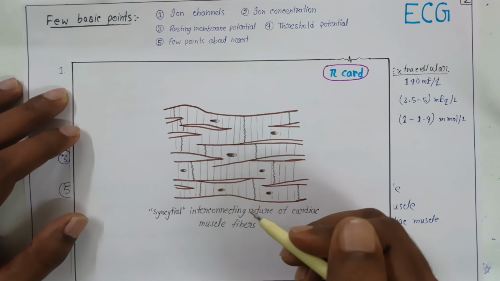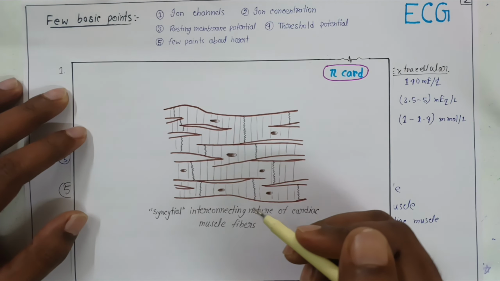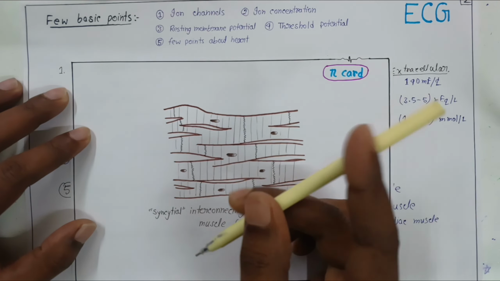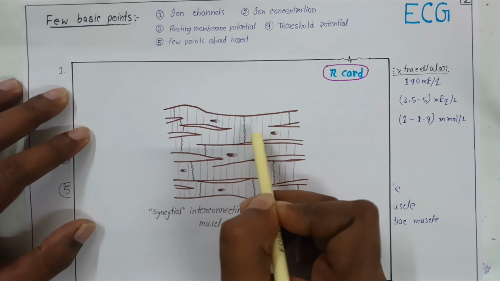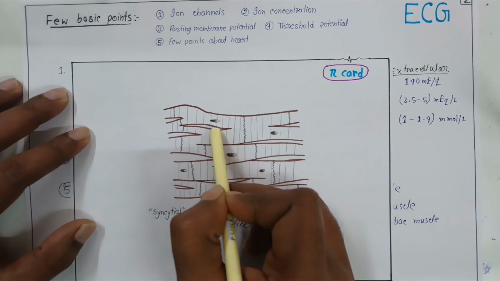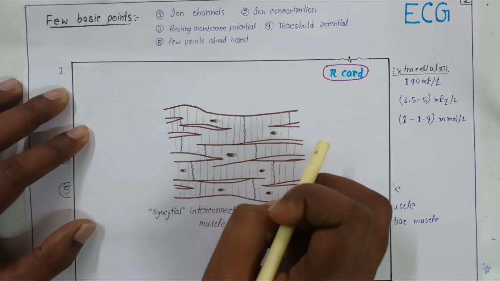They are actually cell membranes that separate the individual cardiac muscle cells from one another. This is a cardiac muscle cell and this is a cardiac muscle cell. These are separated by the intercalated discs.